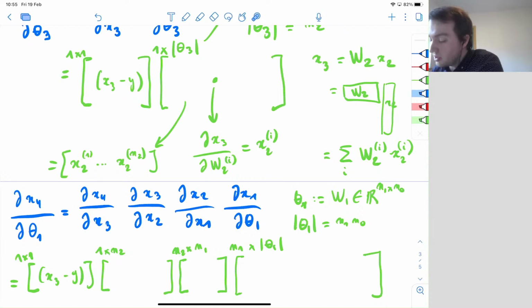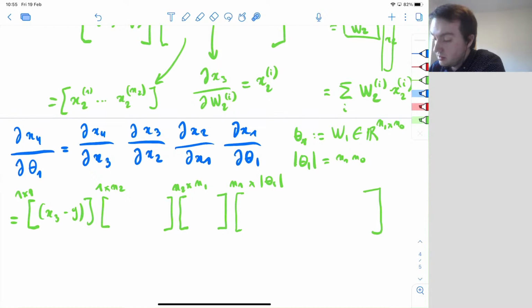We can do the same, and what we derive is a vector, but in which the elements are not the x2, they are the W3j.